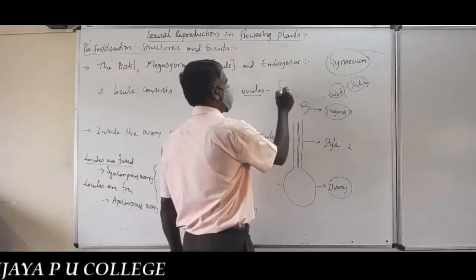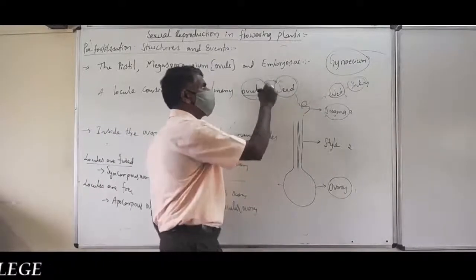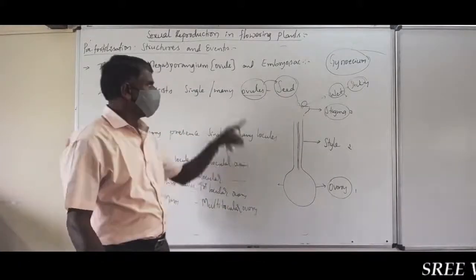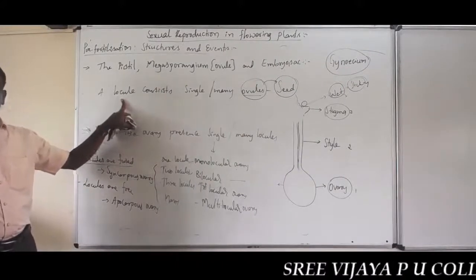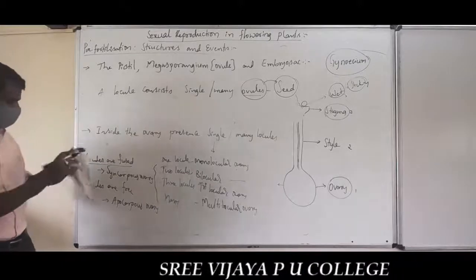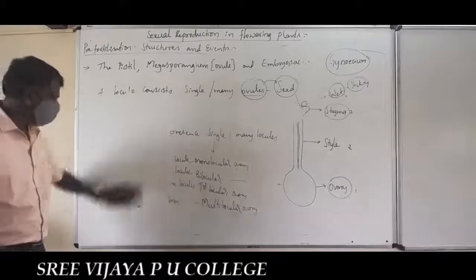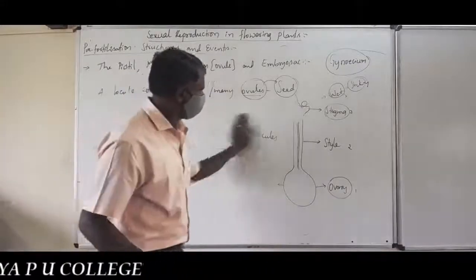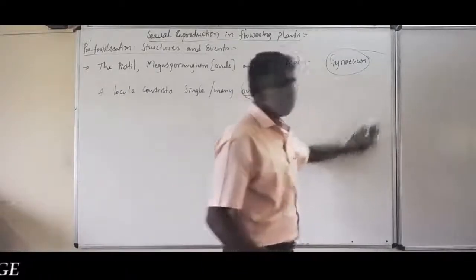The ovules originate on the placenta present in the locule.